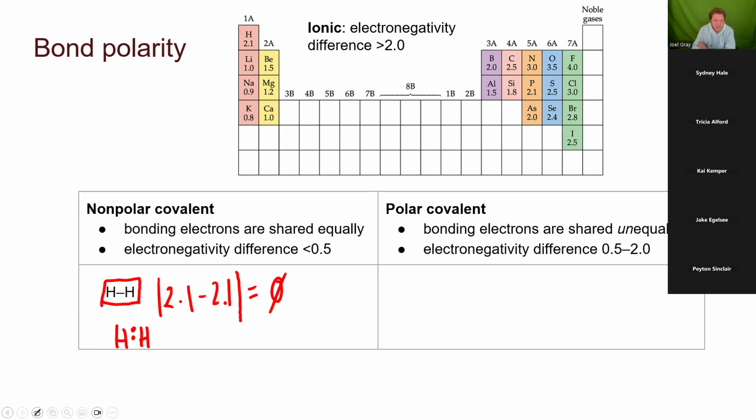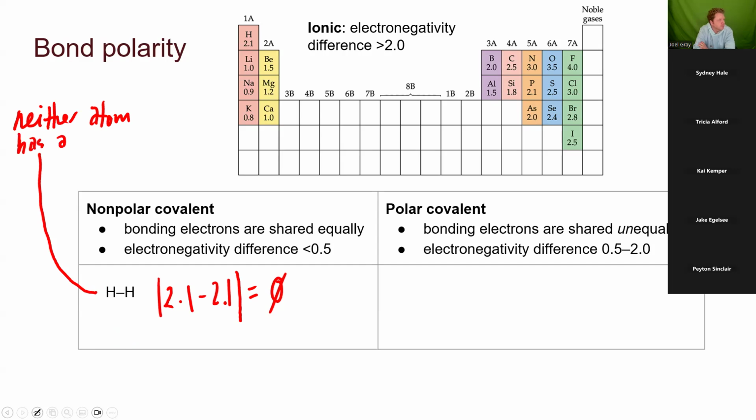So when we see something like 2.1 minus 2.1, a molecule where both of the atoms are identical, we can say that neither atom has a greater claim on the electrons.